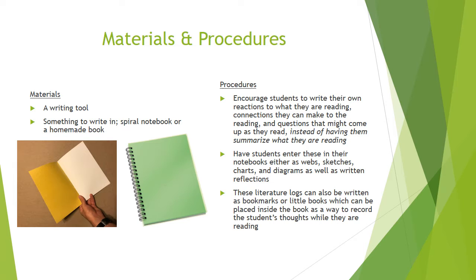They can either gather a bunch of pieces of paper, put them together, and staple them on the sides, or they can create their own book by, again, gathering a bunch of pieces of paper and folding them in half, like it's shown in the image here, and stapling them on the sides.